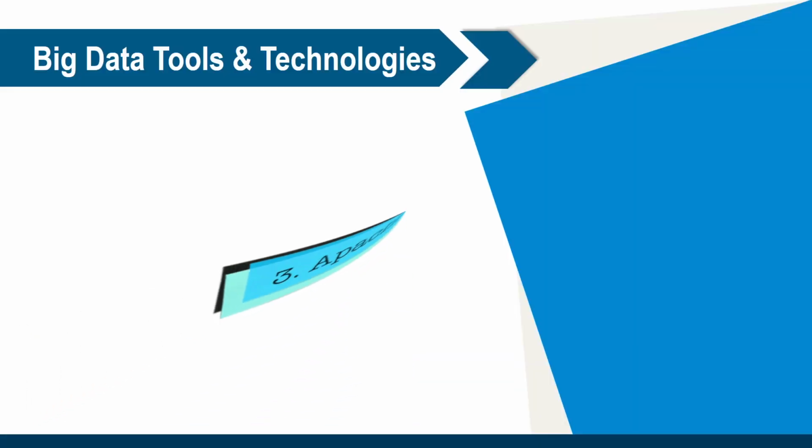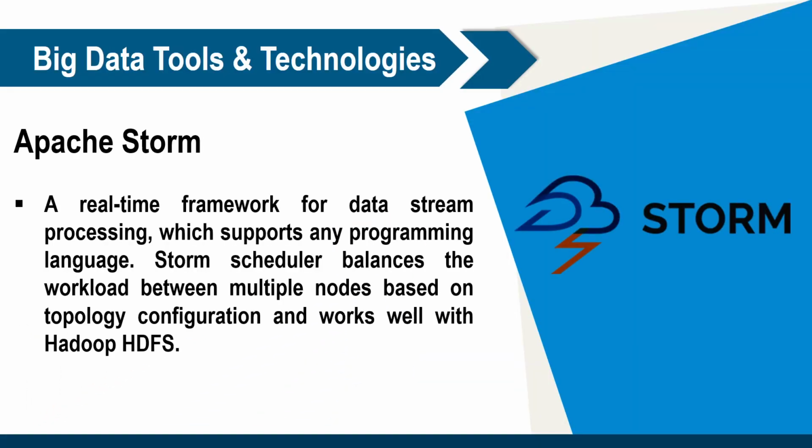Apache Storm is a real-time framework for data stream processing, which supports many programming languages. Storm Scheduler balances the workload between multiple nodes based on topology configuration and works well with Hadoop HDFS.